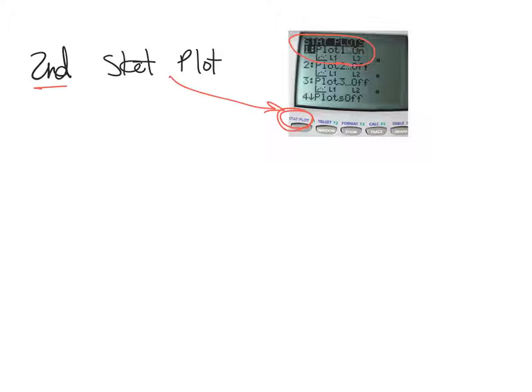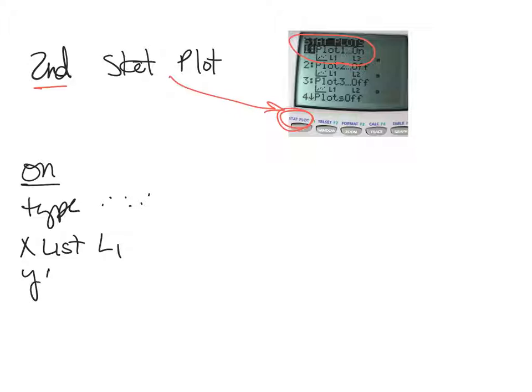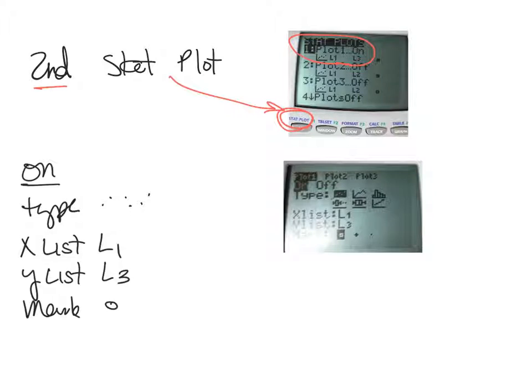I just hit enter. I want to make sure it's on. The type is the dots, little dots. My X list is going to be L1, but my Y list has to be L3. You may have to select that. And my mark is a dot. All right, so hit enter on that.